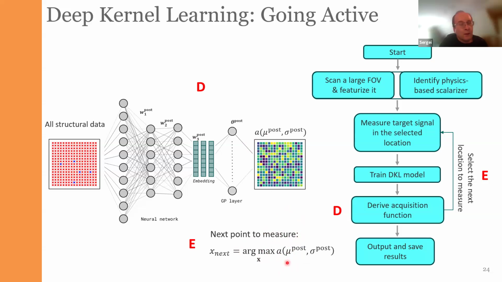What's interesting, and I have observed it for many other problems, is that ultimately deep kernel learning for microscopy is probably the most complex example compared to other applications. Relatively speaking, the data itself is simpler, because the structural descriptors are simpler than molecular descriptors or process optimization descriptors.